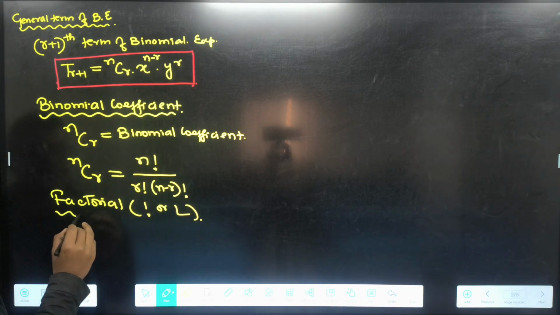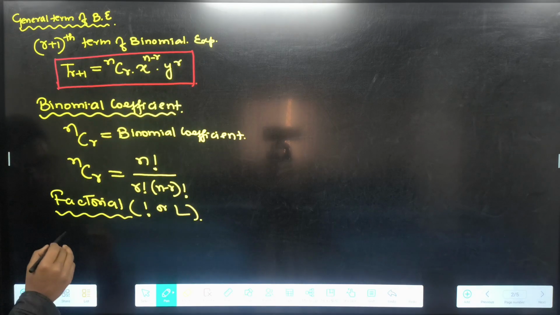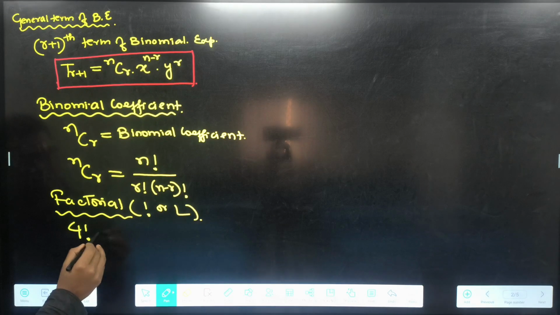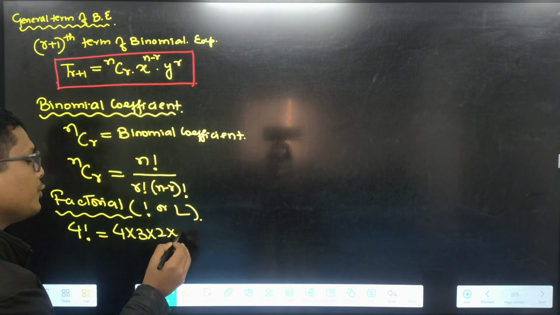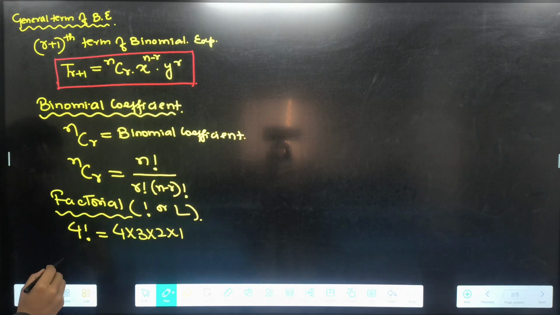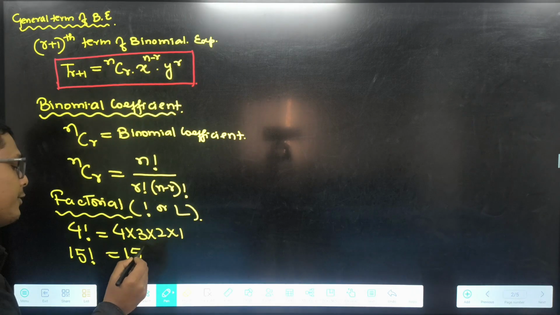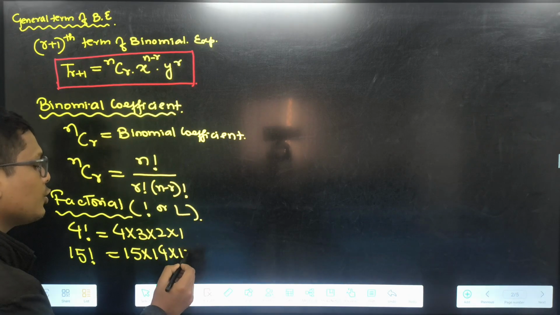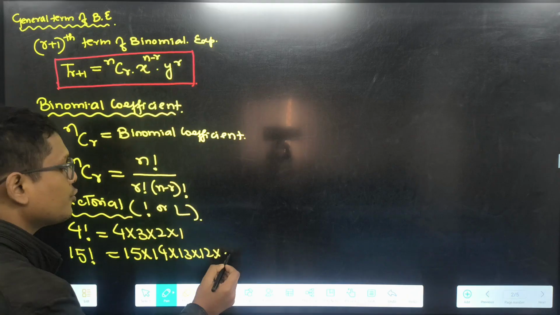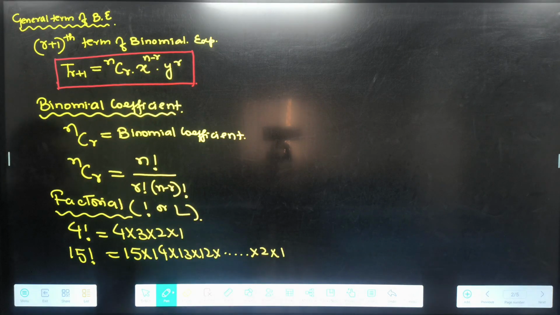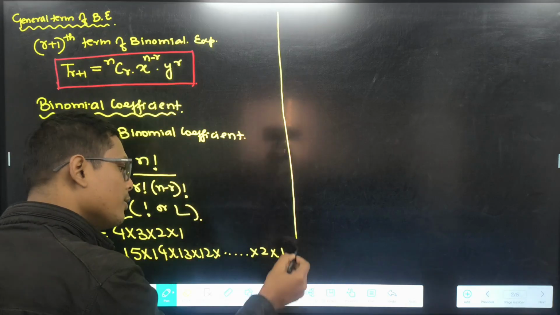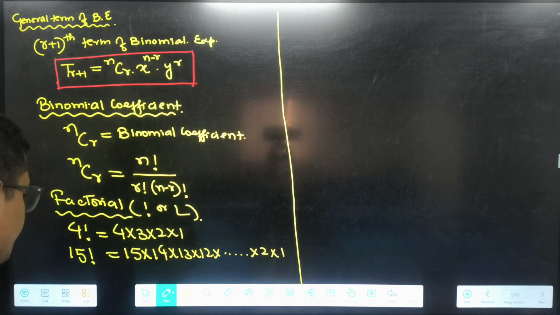If we write 4 factorial, that means we multiply 4 into 3 into 2 into 1. What does 15 factorial mean? 15 into 14 into 13 into 12 and so on up to 2 into 1.